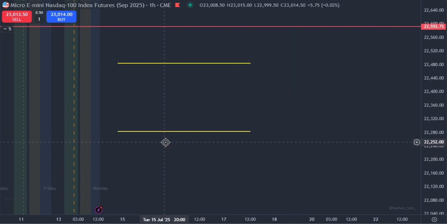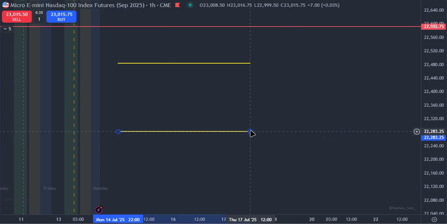How to identify once we go from a sell program into a buy program or vice versa. Sell program to buy program, or when we're in a buy program going into a sell program. Either one, right?